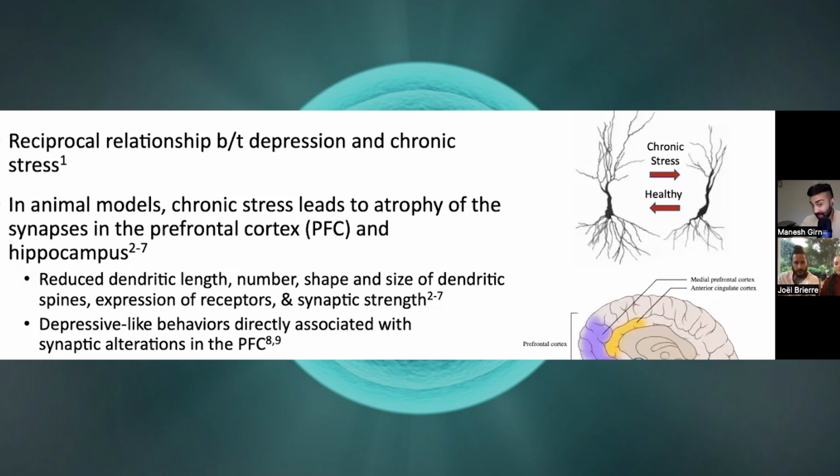Here's an example of that translation: human patients with major depressive disorder, MDD, literally have a smaller prefrontal cortex and smaller hippocampus. As I mentioned, the prefrontal cortex is particularly important for our ability to regulate our emotions and guide our thought flow, and more importantly, it relates to our ability to escape cycles of rumination.